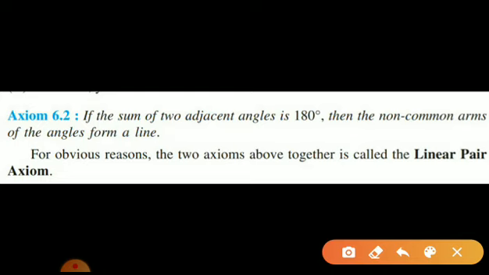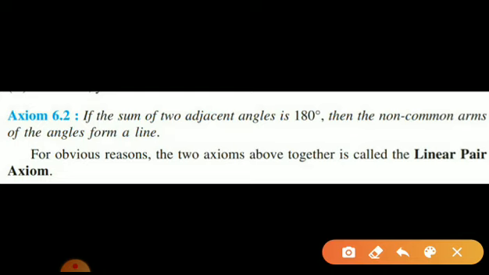So can we say again, if the sum of two adjacent angles is 180, then the non-common arms of the angles form a line? In the first axiom, what we have stated is, if there is an arm on a line, then the sum of two angles we get is 180. Here it is just the reverse of it. If the sum of two adjacent angles is 180, then the non-common arms of the angles form a straight line.